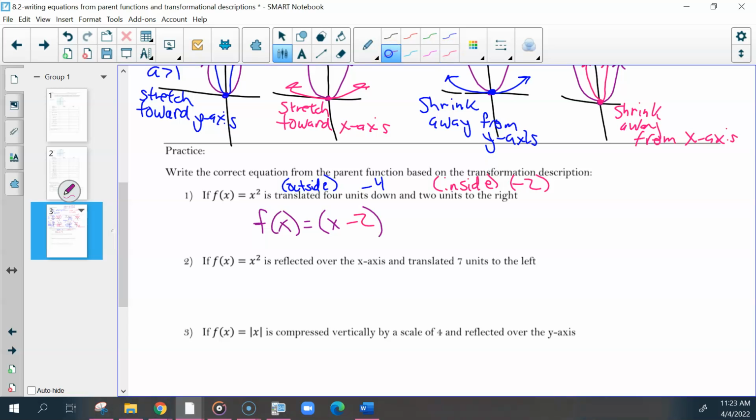And then all of this is still being squared because our parent function is x squared. And on the outside, we have this -4. So we've taken those transformations that they gave us and rewrote it to make an equation. Have questions on any of that before we do another?